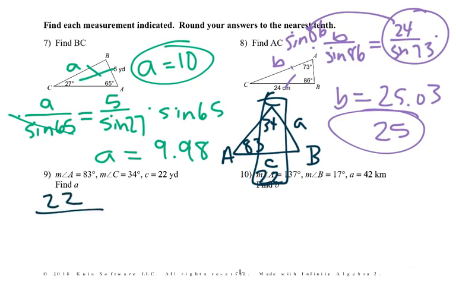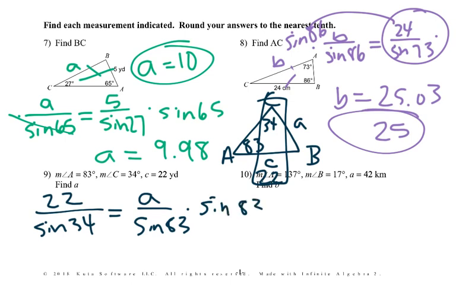So 22 over sine of 34 degrees equals a over sine of 83 degrees. Times both sides by the sine of 83. Okay, type it into our calculator, and we end up with side length 39.04, so basically 39.